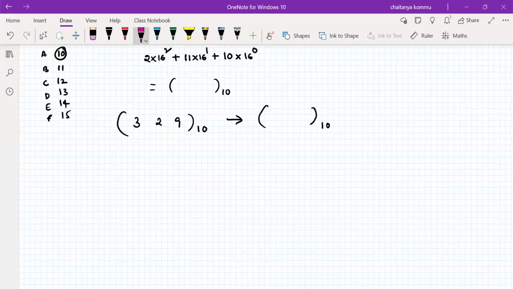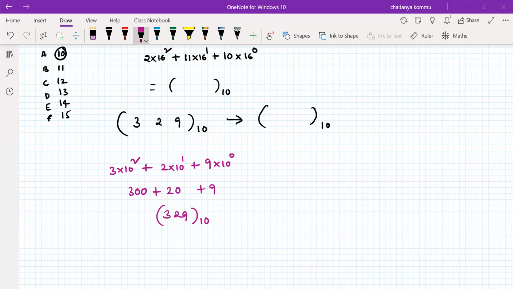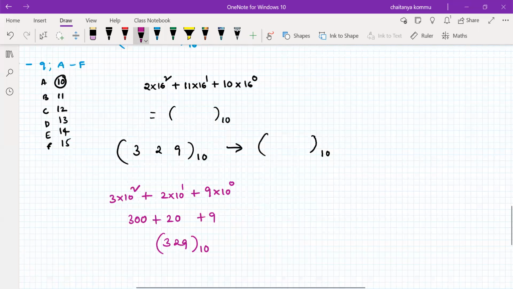So what is this value? 9 into 10 to the power of 0, plus 2 into 10 to the power of 1, plus 3 into 10 squared. The values are 9, 20, and 300. So the value is 329 of base 10. Agreed? Of course, it will be the same only. Conversion of decimal into decimal is the same, nothing else in it. Are you getting what I'm saying here?